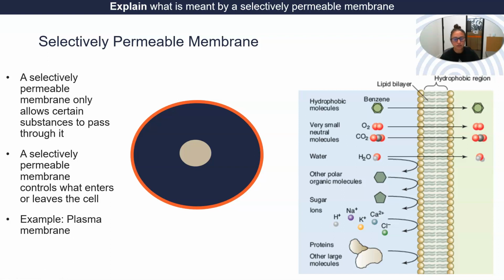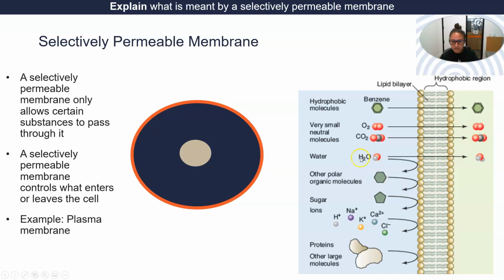So let's have a look and see. Look at this, oxygen. Here is one atom of oxygen stuck to another atom of oxygen, so that means it's O2. See how that goes right through the plasma membrane? Awesome, lets itself in. No dramas whatsoever.